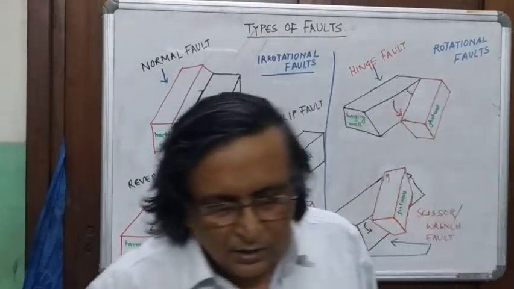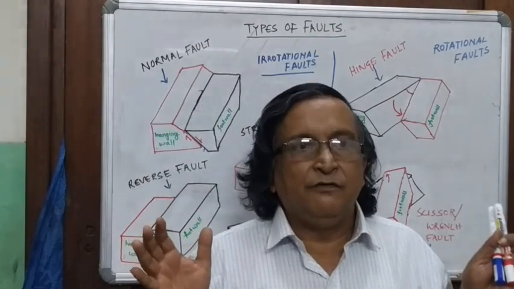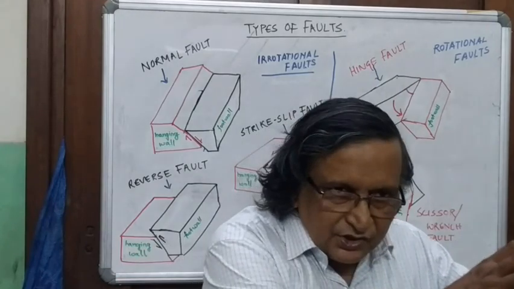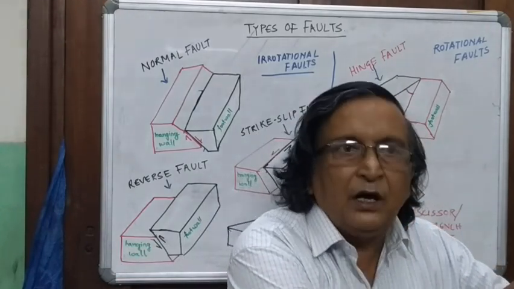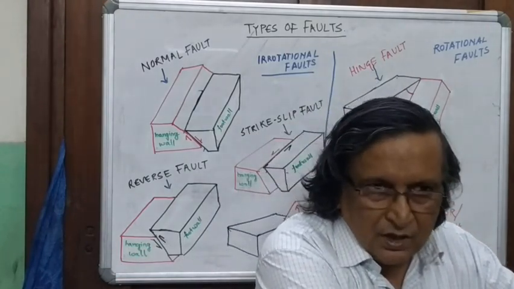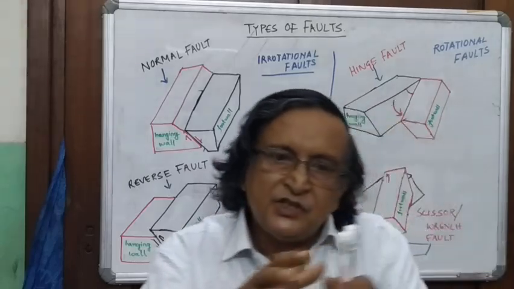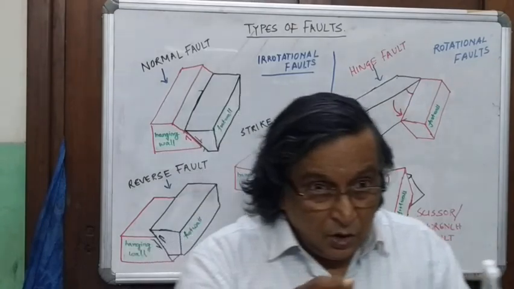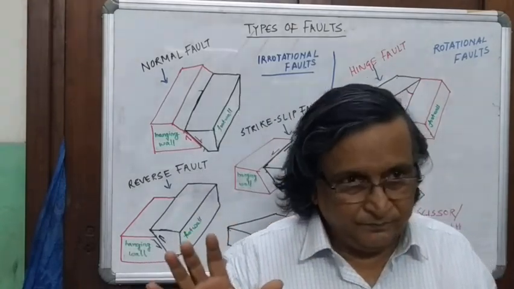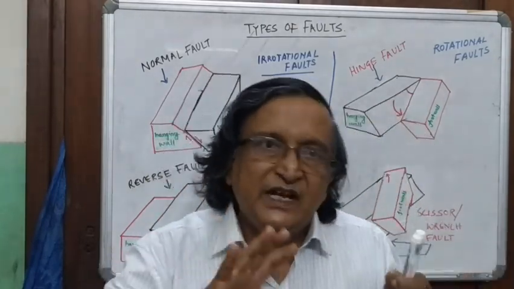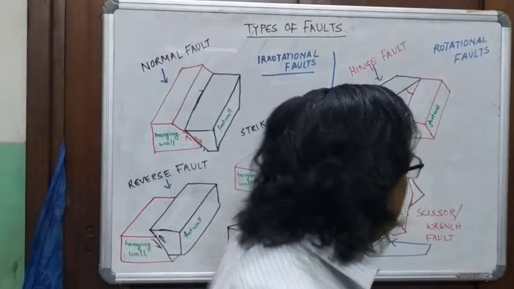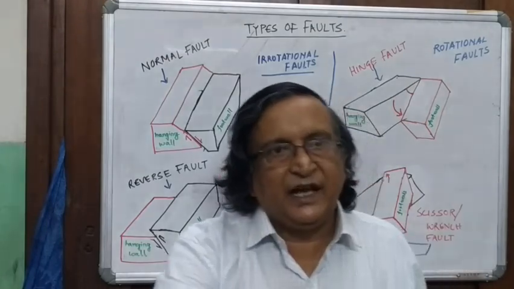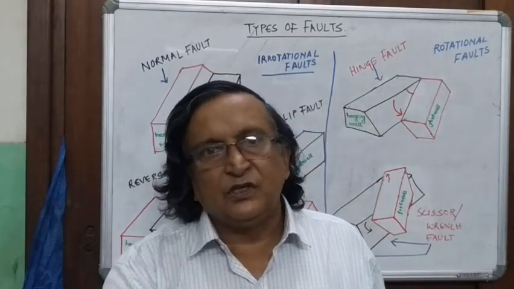And in an irrotational fault, the structures that are there in the foot wall have the same orientations in the hanging wall. Same orientation, not the same position. Say, for example, there was a horizontal bed and a vertical dike, which is faulted.